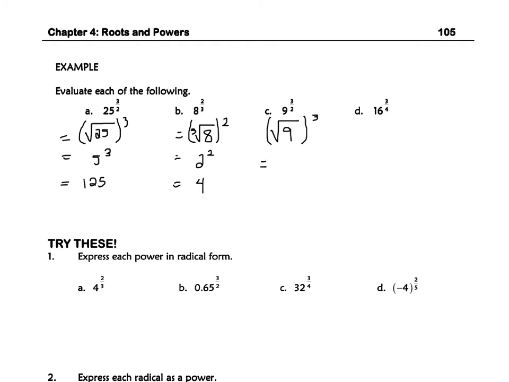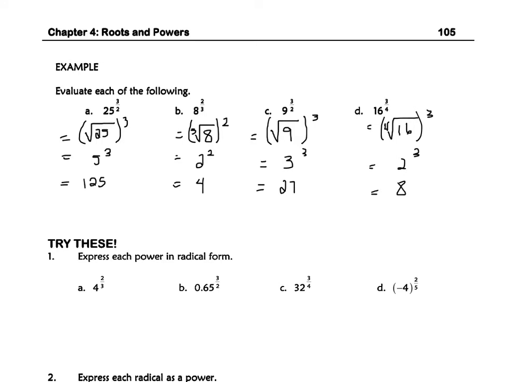So that would equal 3 cubed, which is 27. And the next one would be the 4th root of 16 cubed, which would be 2 cubed, or 8.